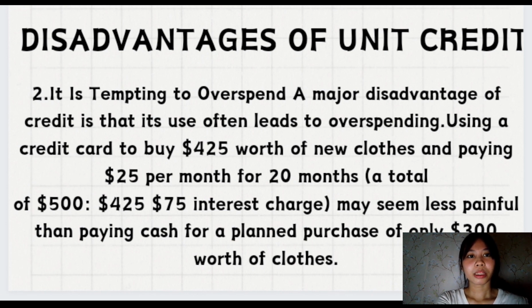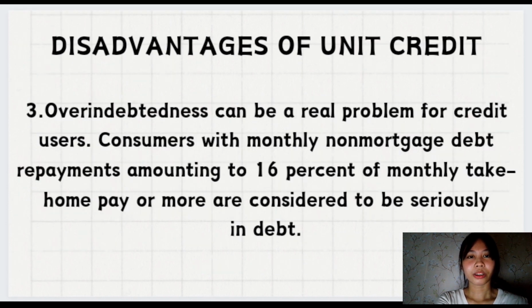The problem is this: once you begin carrying credit card debt, it may seem easier to buy more on credit, especially if you have more than 3 or 4 cards, as is typical for US credit card holders.